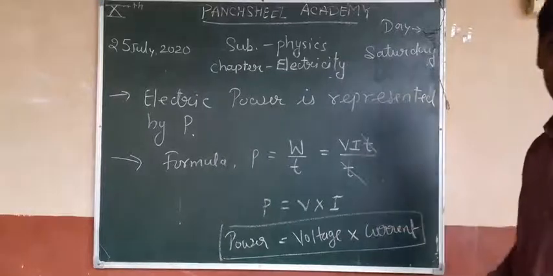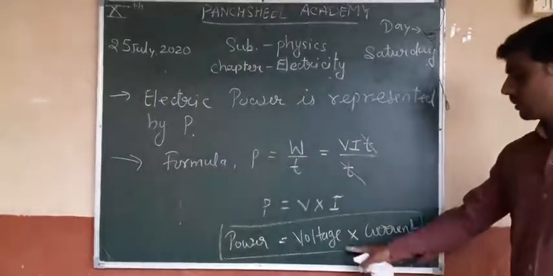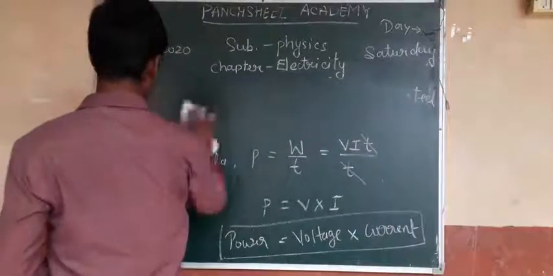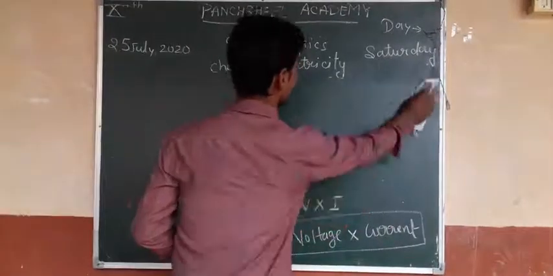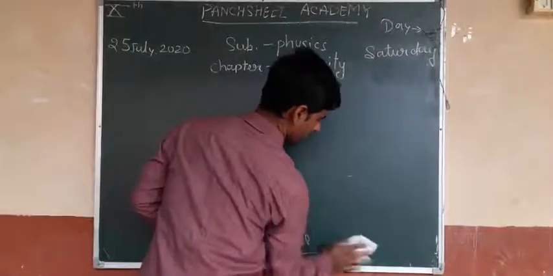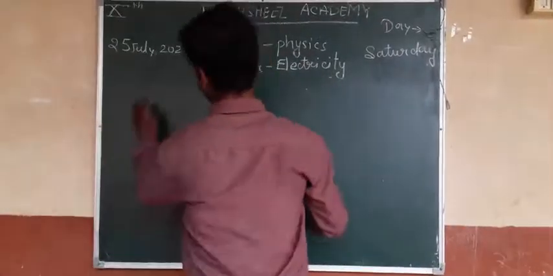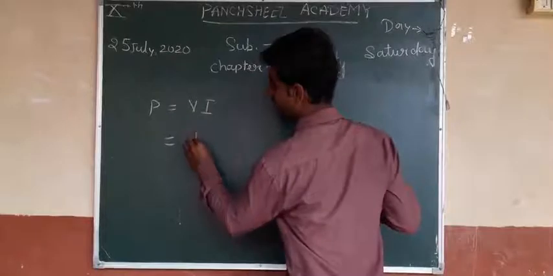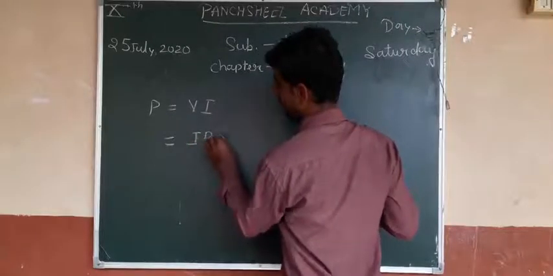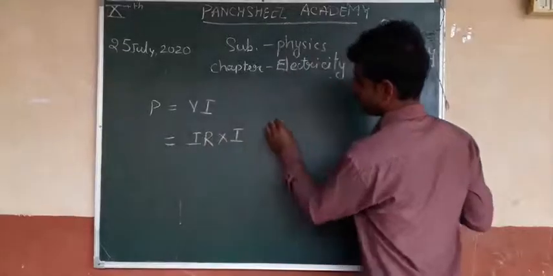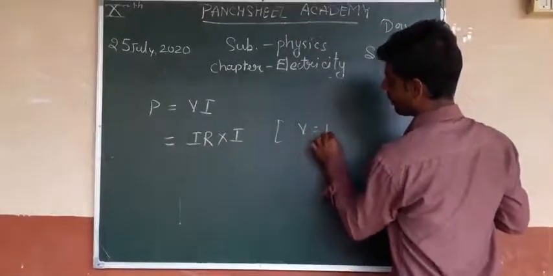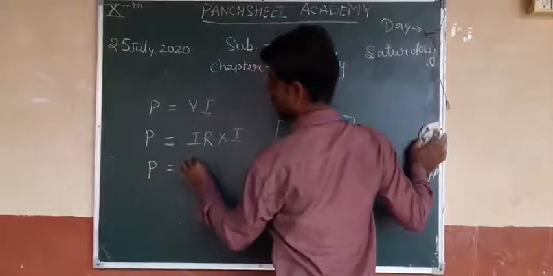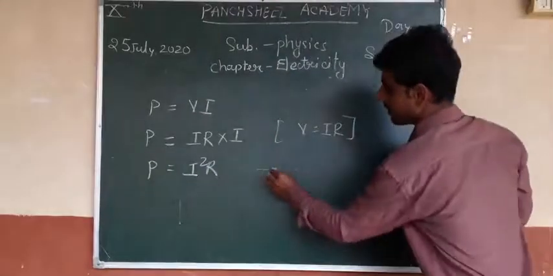Another formula for power. First write this: P equal to V into I. One more formula of electric power is: P equal to V into I, and if I write V equal to IR from Ohm's law, then P equal to I square into R. This is the second formula.